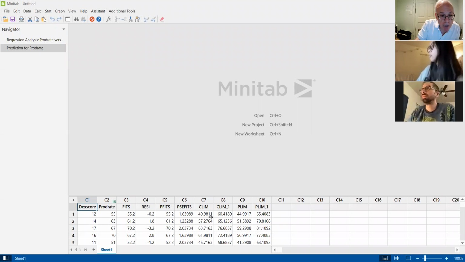So it gave us a confidence interval for the first value of X, 12, between 49.9811 and 60.4189. Okay, and it gave us our prediction interval. So this is our 95% confidence interval, and this here, for each value, is our 95% prediction interval.